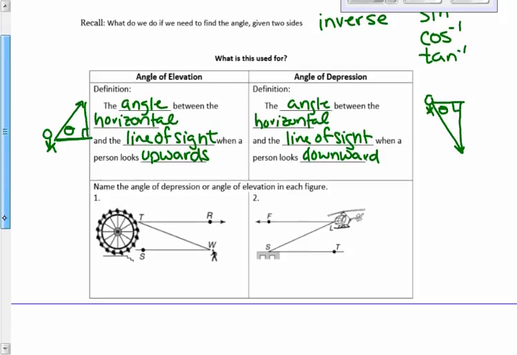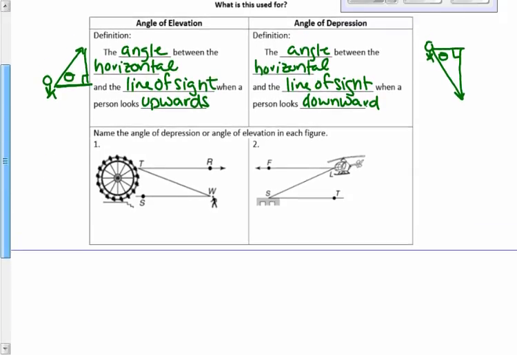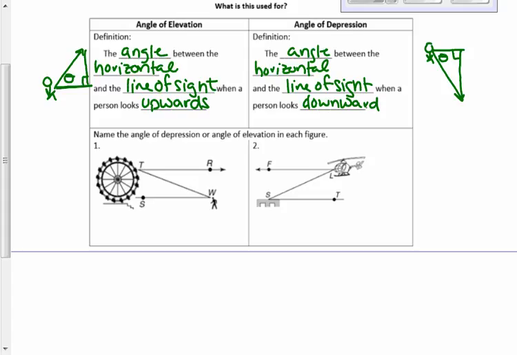At the bottom here, we're going to name the angle of depression or elevation in each figure. In number 1, you are the person standing. We see SW is a flat line that represents your horizontal. Where you're looking tells you which way your angle's going.